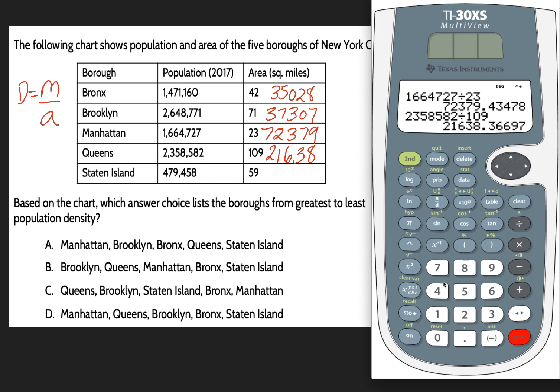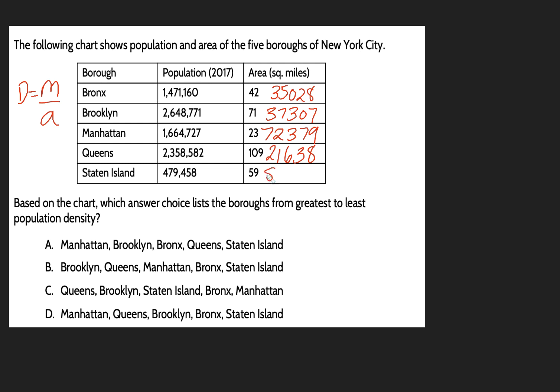And the last one, Staten Island, which is very small, 479,458. I would live in Staten Island, but that ferry, I don't think I can take that every day. No offense if you live in Staten Island. Okay, divide by 59. And I hit enter. Notice I have 8,126.